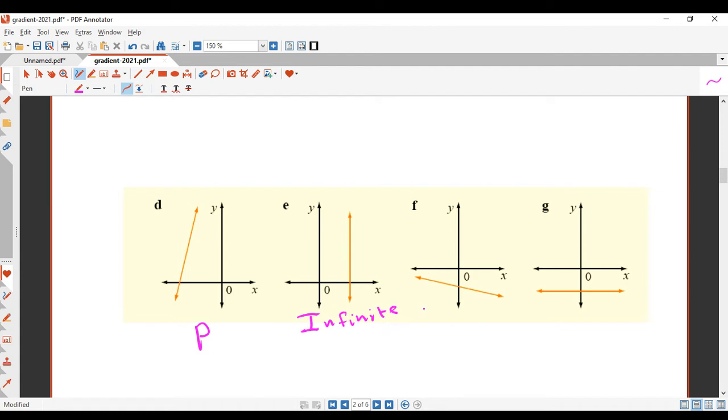Right, and the next line, sloping down from left to right, we say that's got a negative gradient. Okay, negative. And the last one, this is a line which is perfectly horizontal, so we say it's got a zero gradient. Okay, zero.